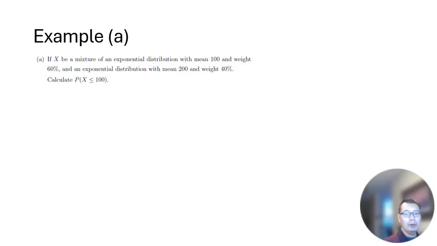If we recall from previous slides, if we want to calculate the probability for this mixture distribution, first we want to calculate the probability for each Xi. Then we use the weighted sum to calculate the probability for X.